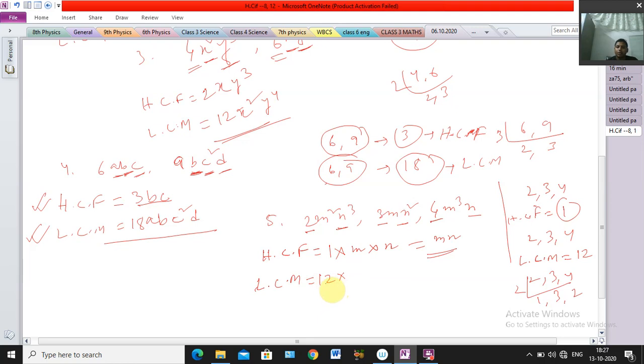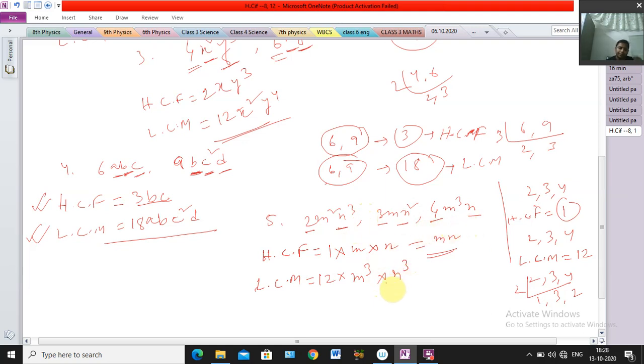Into. After that, the literal coefficients: m square, m and m cube are given. Which one will we take for LCM? M cube, the highest power. And n cube, n square and n are given. Which one will we take? N cube.